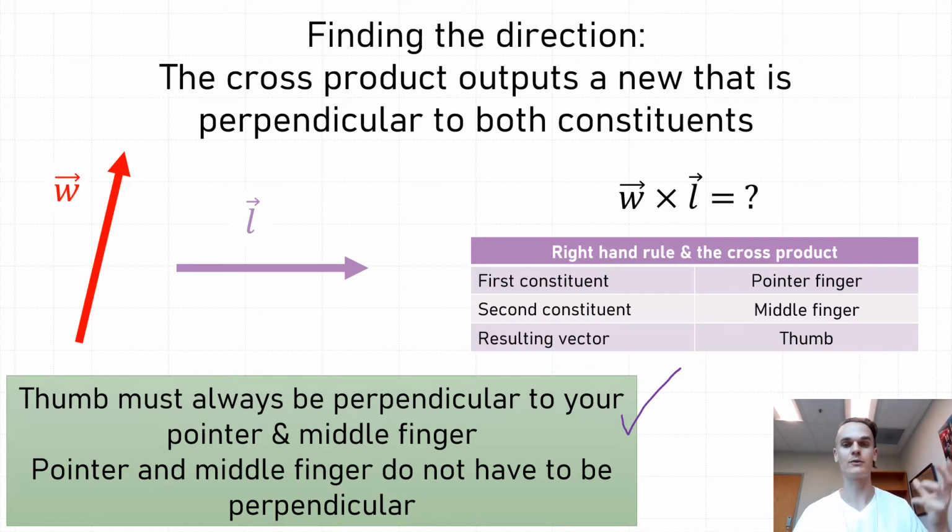The output of the cross product is perpendicular to the constituents, for sure, but the middle and pointer finger, the constituent vectors of the cross product, do not have to be perpendicular. Just like vector W and vector L are not perpendicular, your middle finger and your pointer finger do not have to be perpendicular in the cross product right-hand rule.